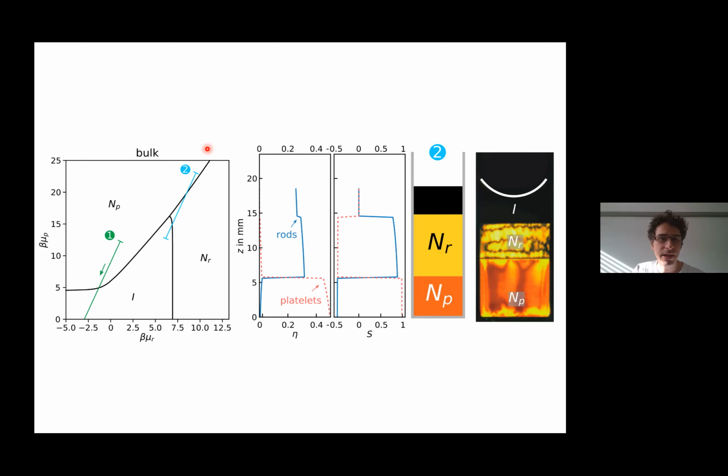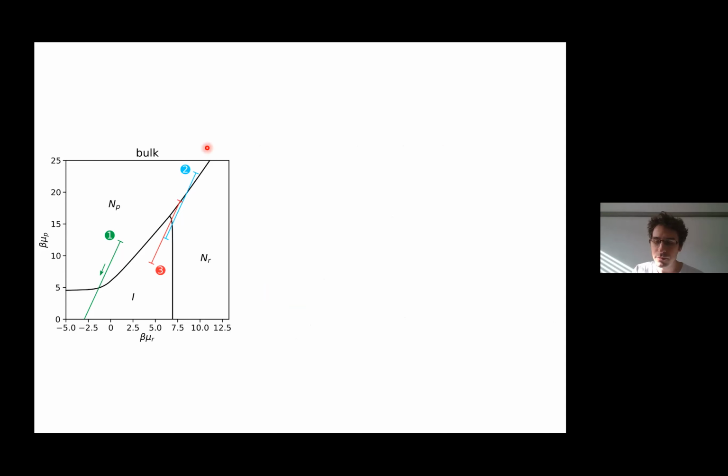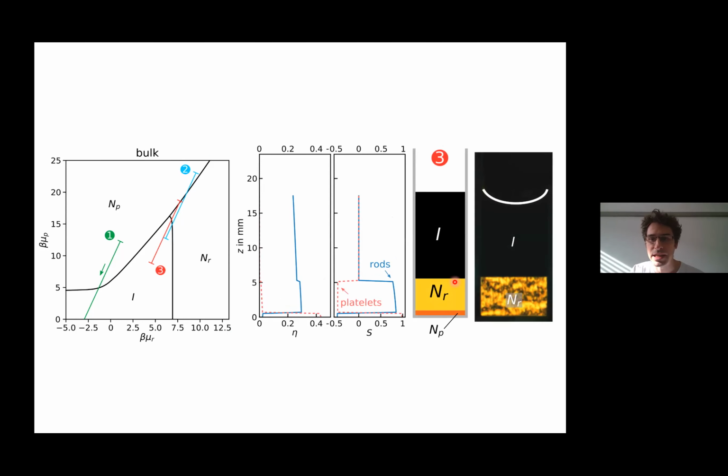And then there is still another sample, sample number 3, where the experiments show top isotropic, bottom nematic of rods. We are able to reproduce the top isotropic, then we also have the nematic of rods at the same position, and the theory still predicts a super thin stack of a nematic of platelets at the bottom that experimentally doesn't appear.